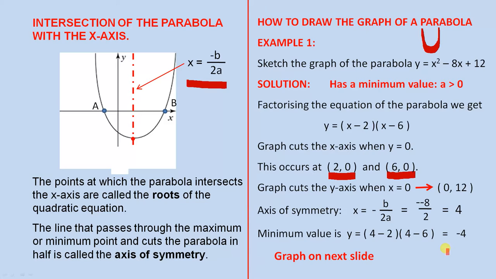The minimum value is, now the way to obtain the minimum value is, see this value of 4 here, where the axis of symmetry occurs. So when x equals 4, that's where the minimum value will be. So you substitute 4 into there, and the minimum value will be y equals minus 4. Let's have a look at the graph on the next slide.